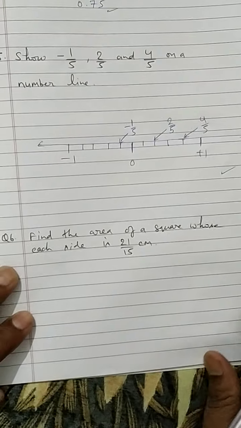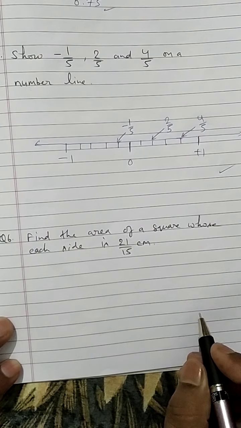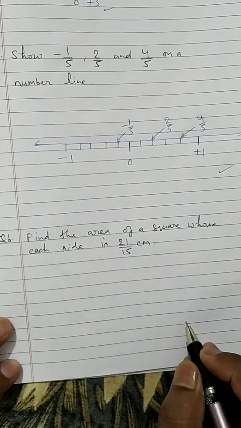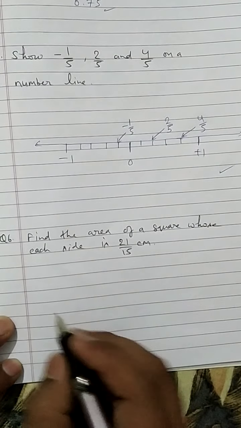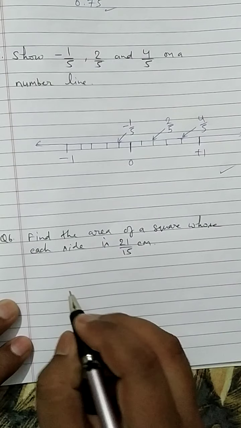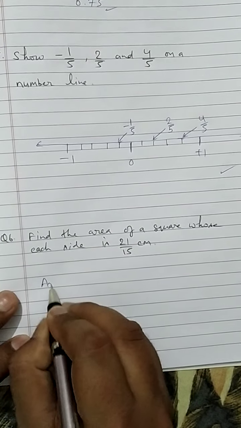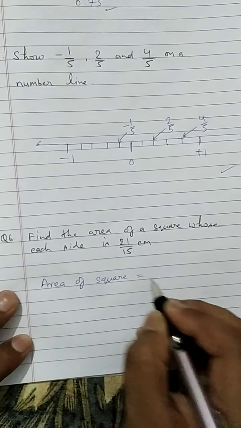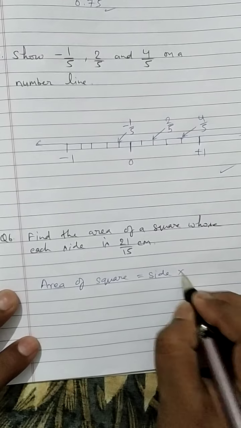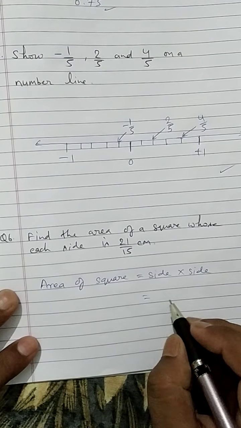Okay, our next question is, find the area of a square whose each side is 21 upon 15 centimeters. As you know, the formula for the area of a square is side into side, or we can say side squared.